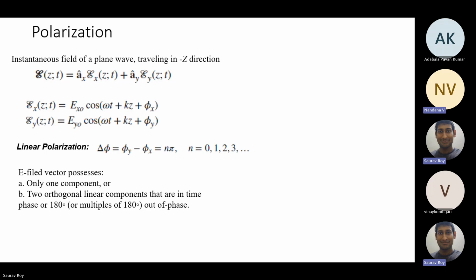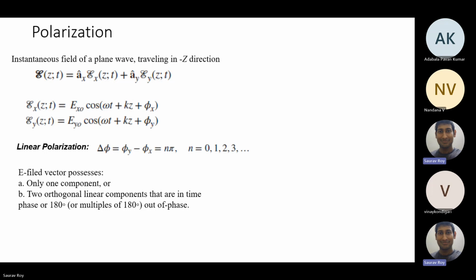Yes, that is frequency, but omega t plus kz or omega t minus kz will only differentiate whether the wave is propagating in the plus z direction or minus z direction. Now we have assumed that the wave was traveling in the minus z direction. That's why it is defined as omega t plus kz.